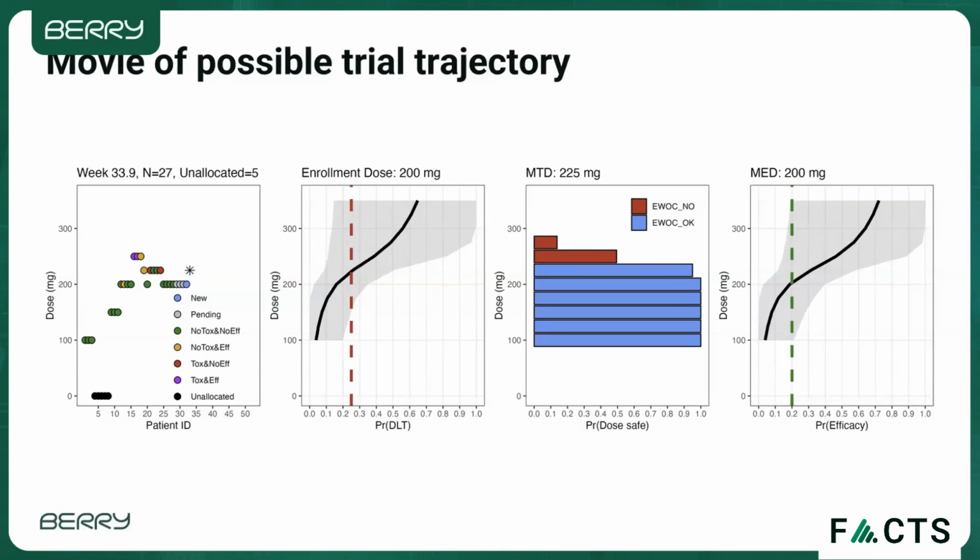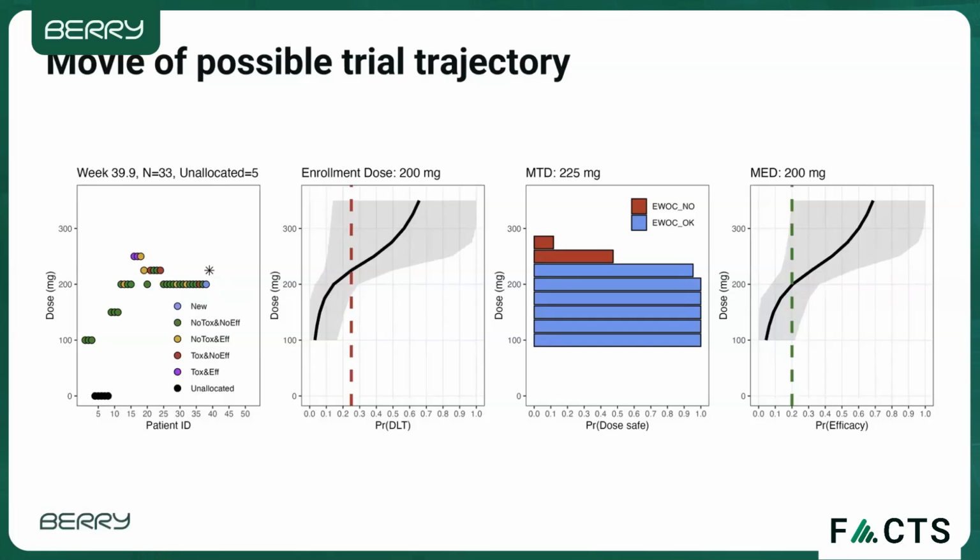And that's because we've reached a point where we are sufficiently sure that we found the MTD, and the MTD is 225. And what we want to now do is start assigning patients to the MED. So the lowest dose that we think guarantees us this 20% response rate that we talked about before, and that the model's estimate for that is 200 milligrams. So that's why we're assigning a bunch of patients here at 200 milligrams.